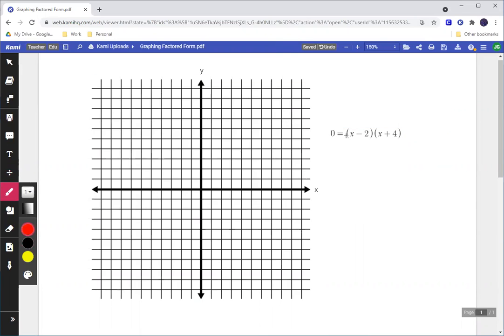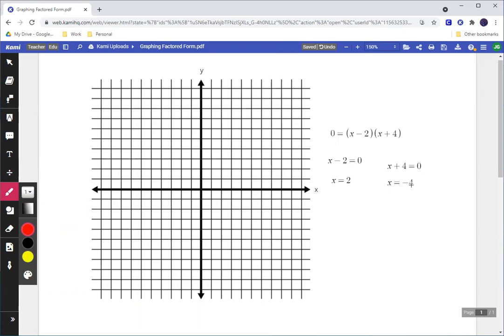Since we have an instance of the zero product property, where two items are multiplying to be 0, we can set each one equal to 0 as a separate possibility and then solve. So x minus 2 could equal 0, which means x equals 2, or the other possibility, x plus 4 equals 0, which means x equals -4.